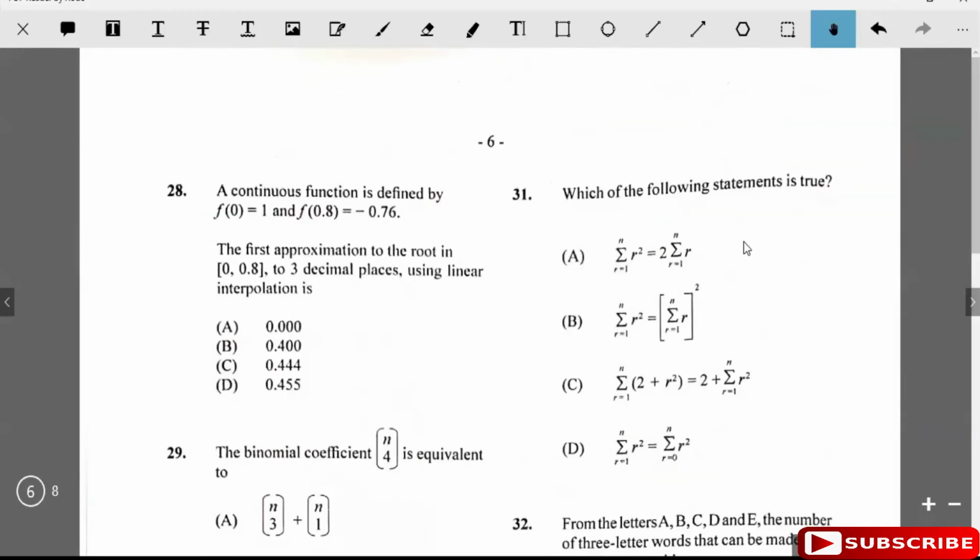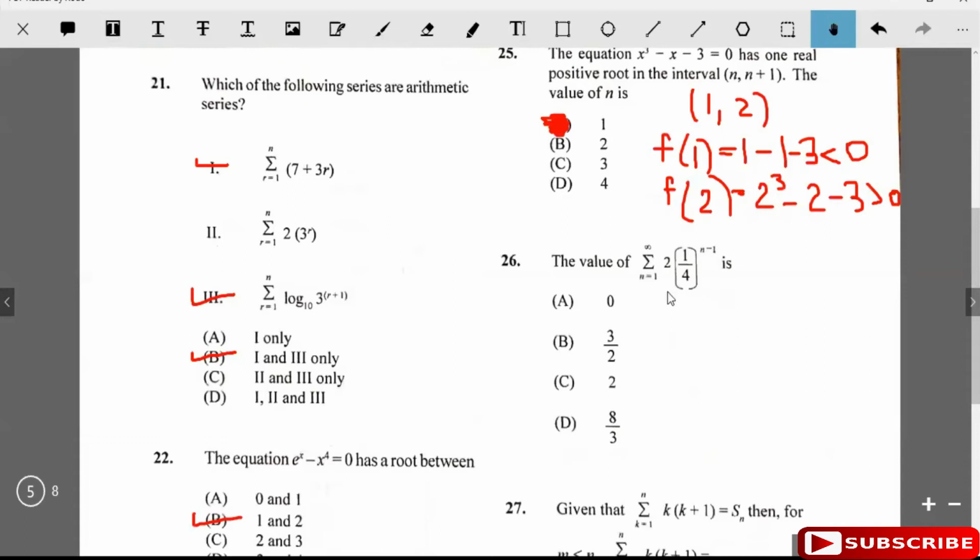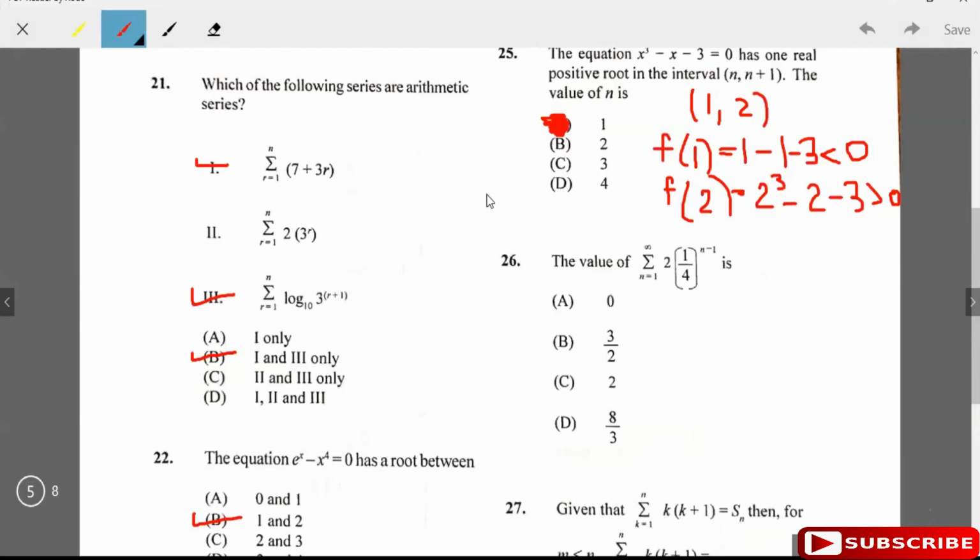Question 26. It says find, now this is asking us for the sum to infinity. Now sum to infinity is a over 1 minus r. So this is a new question. The first term is where we plug in n as 1. When n is 1, anything to the 0 is 1, and so the first term is 2.